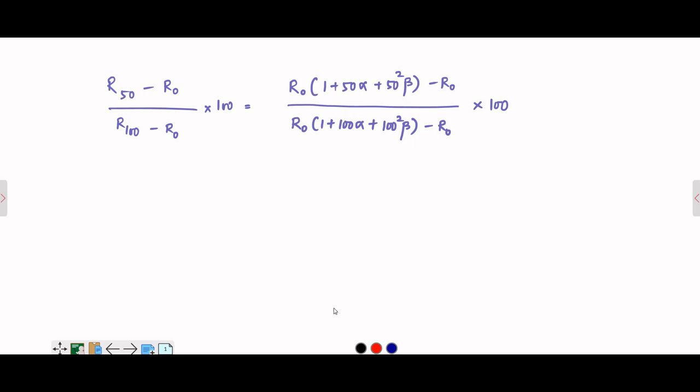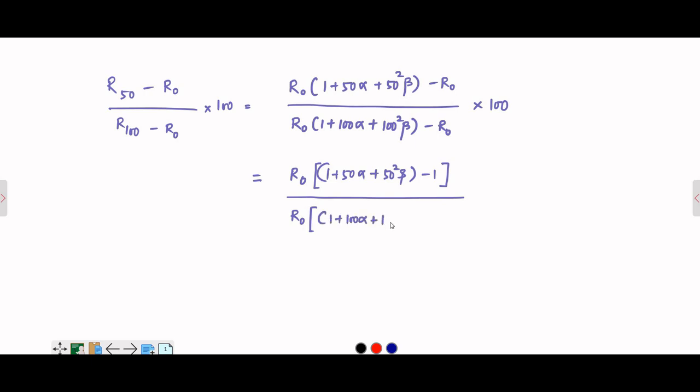Here we'll take R0 common in both the numerator and the denominator. In the numerator we have R0 into 1 plus 50 alpha plus 50 square beta minus 1, by R0 into 1 plus 100 alpha plus 100 square beta minus 1, into 100.